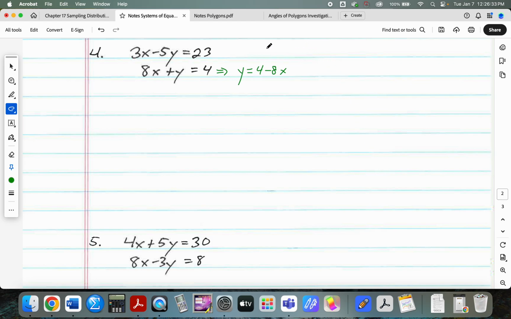Then my other equation becomes 3x minus 5 times 4 minus 8x is 23. So that's 3x minus 20 plus, what is that, 40x is 23.